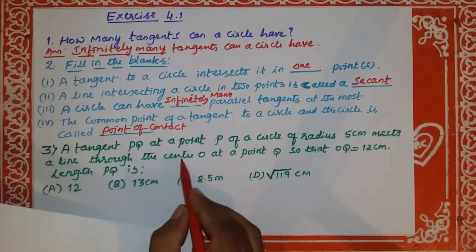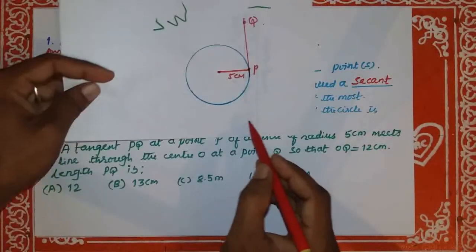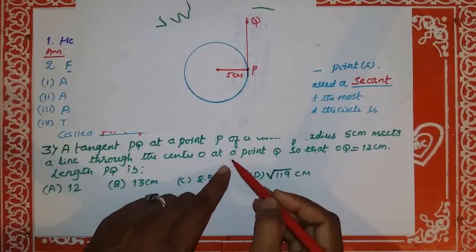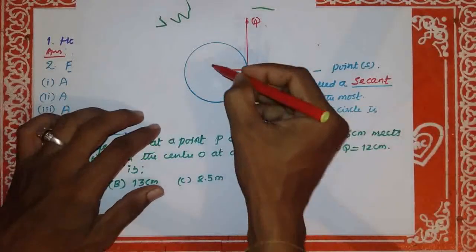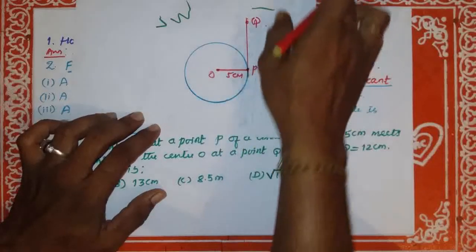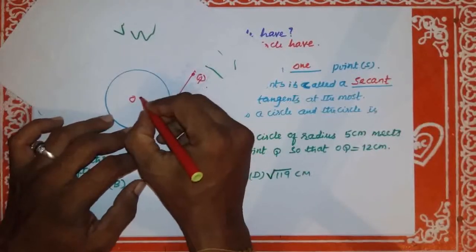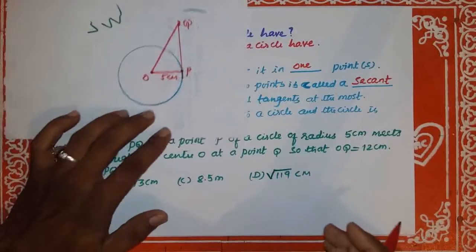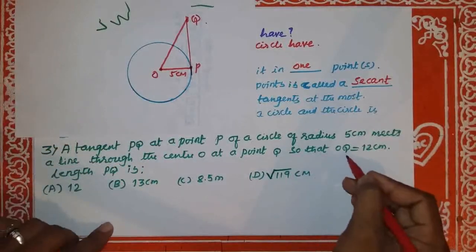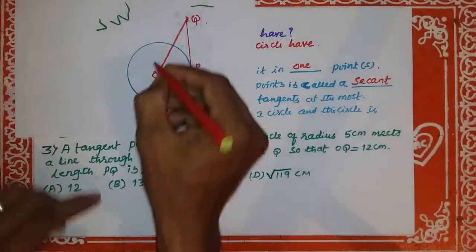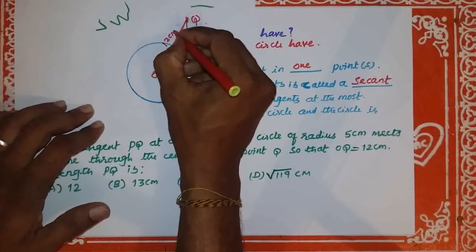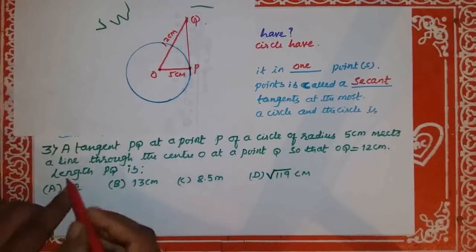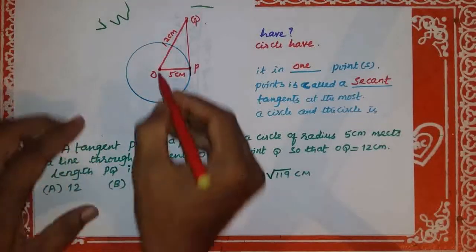Meets a line through the center O at a point Q. I will join this one also. Join OQ, so that OQ is equal to 12 cm. OQ is equal to how much centimeter? 12 centimeter. We need to find the length of PQ.